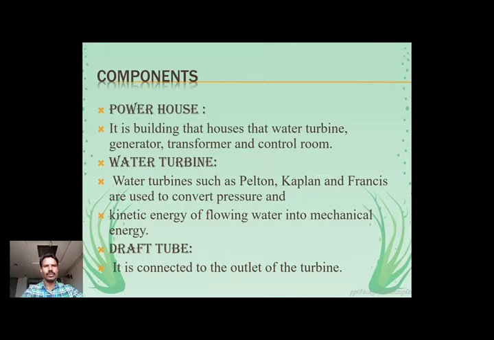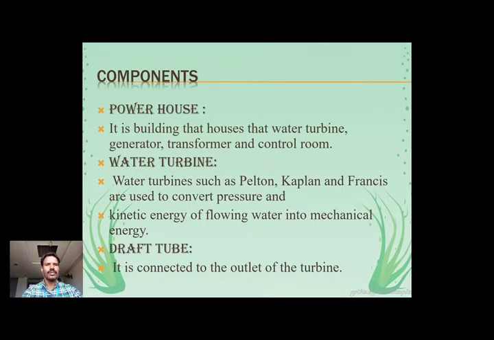Next we discuss the powerhouse, water turbine and draft tube. Generally the powerhouse is built with the transformer and generator, and it has a control room. For the water turbine, we are using 3 types of turbine. A turbine is a device that converts any type of energy into mechanical energy. In a thermal power plant, it converts thermal energy to mechanical energy.